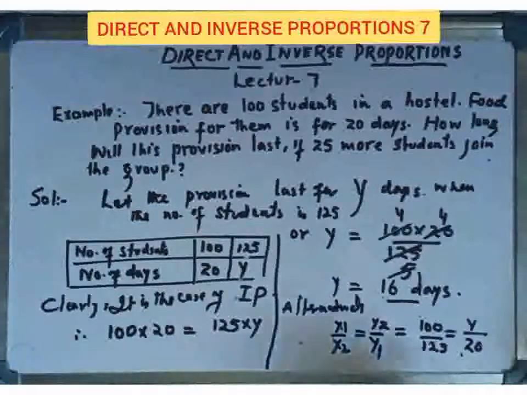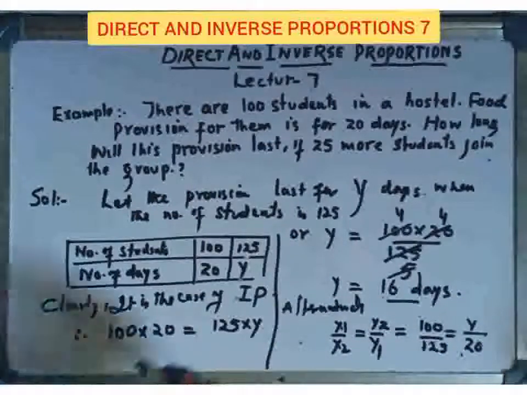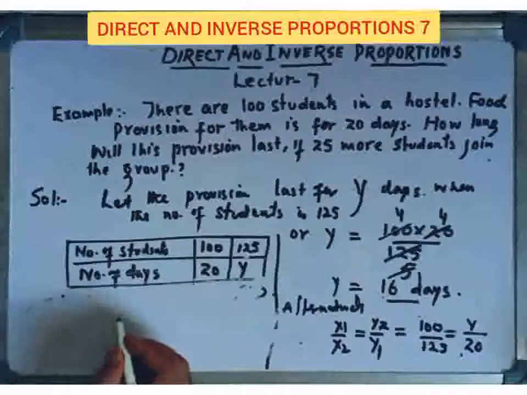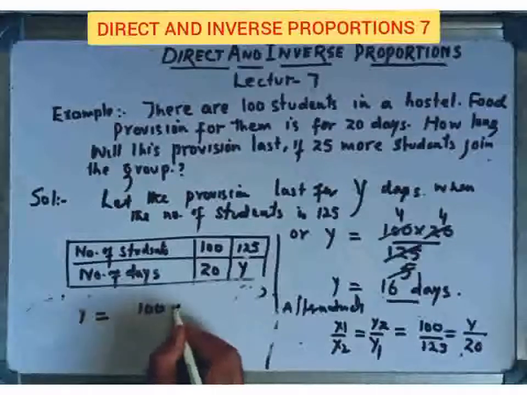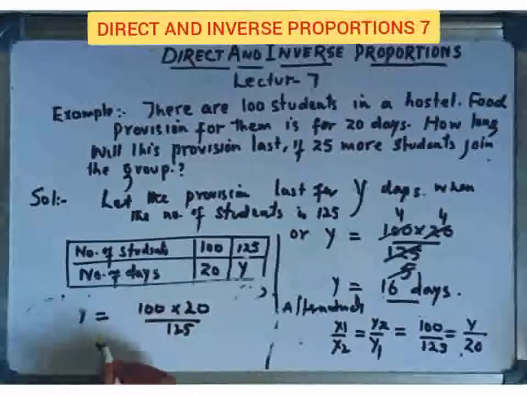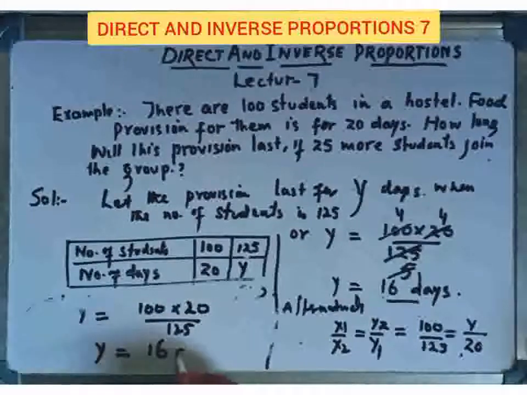After cross multiplication you can find that y is equal to 100 into 20 divided by 125, so y will be equal to 16 days, right? Okay, so this is how we can solve the problems based on inverse proportions, right?